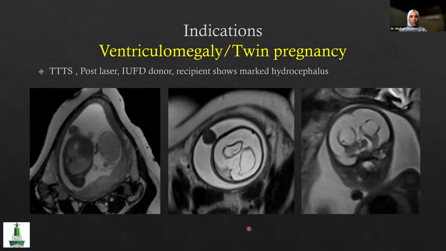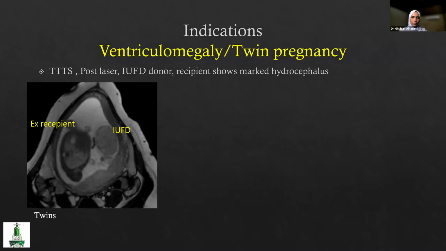Another patient and another indication that we perform MRI for is twins pregnancy and its complications. So this is a patient with twin transfusion syndrome, who underwent laser ablation. The donor had IUFD and the recipient had marked hydrocephalus on ultrasound. So this is the MRI of the twins.